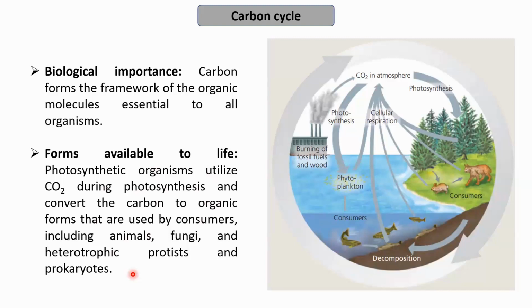During photosynthesis, in the presence of chlorophyll, water and sunlight, this carbon dioxide is converted into organic molecules that can be used by the consumers, including animals, fungi, and heterotrophic protists and prokaryotes.